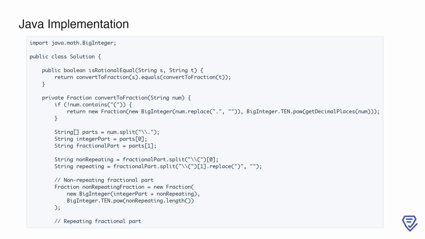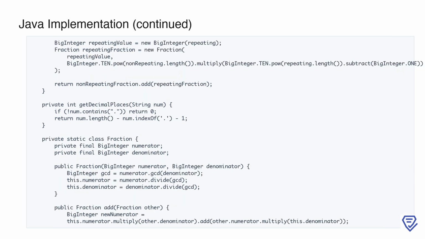For numbers with repeating sections, we first split the number into its integer part and fractional part, and then further divide the fractional part into non-repeating and repeating segments. The non-repeating segment is converted to a fraction first, which sets the stage for combining it with the repeating segment. Next, we handle the repeating part of the fractional number. The repeating segment is converted into a BigInteger and used to create another fraction.